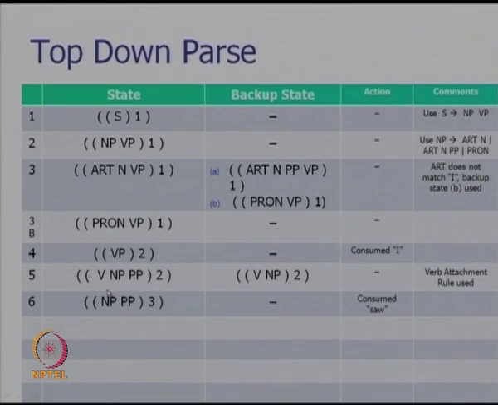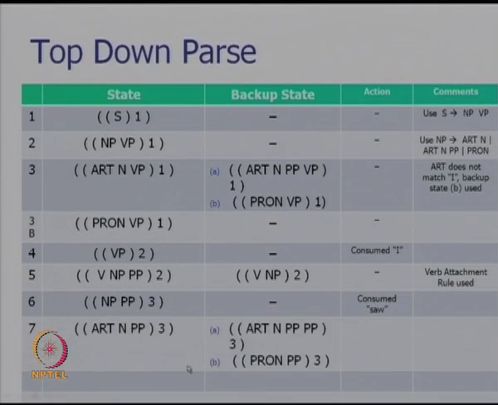Now, the verb is consumed, saw, that brings NP, PP exposed on the stack. Now, NP has to be found out. NP is expanded by article noun, and article noun preposition phrase is in the waiting, similarly pronoun is in the waiting.